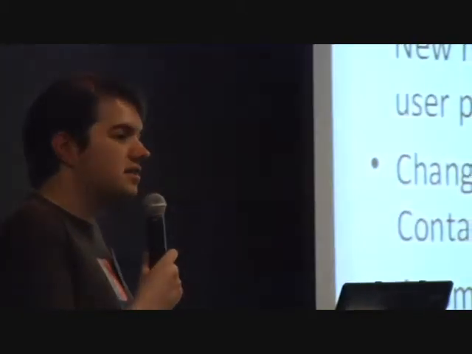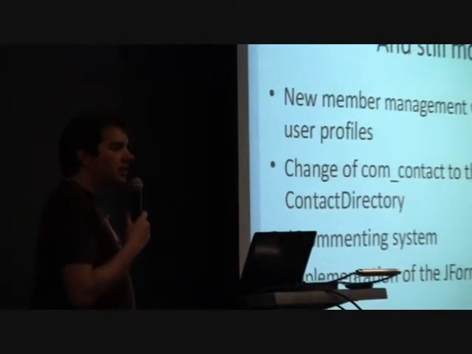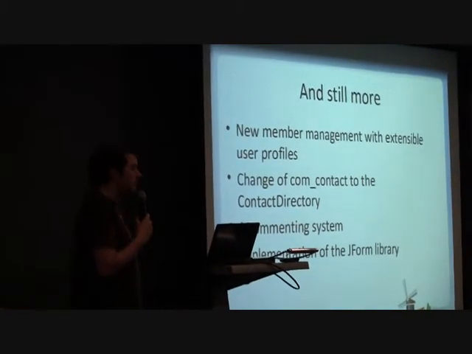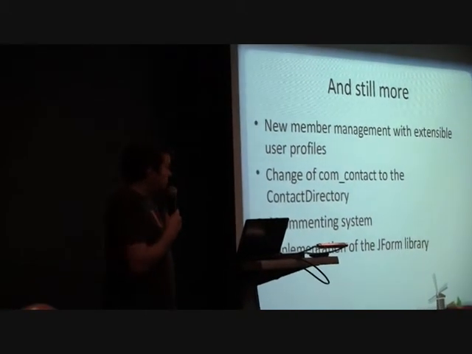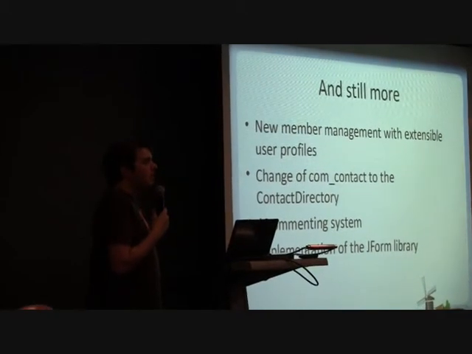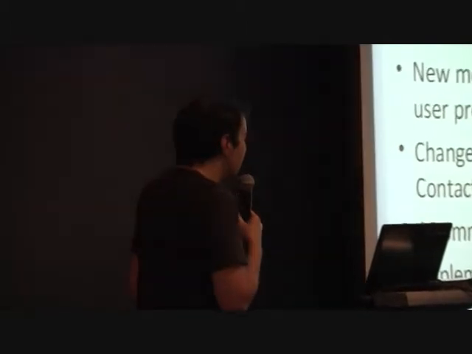Last but not least, we've got a few things donated by JExtend. They are donating a commenting system. Joomla 1.6 will have its own comments. And we're going to get the JForm library, which means it's not like Zoo or K2, but it's possible to extend forms in the backend more easily with this.